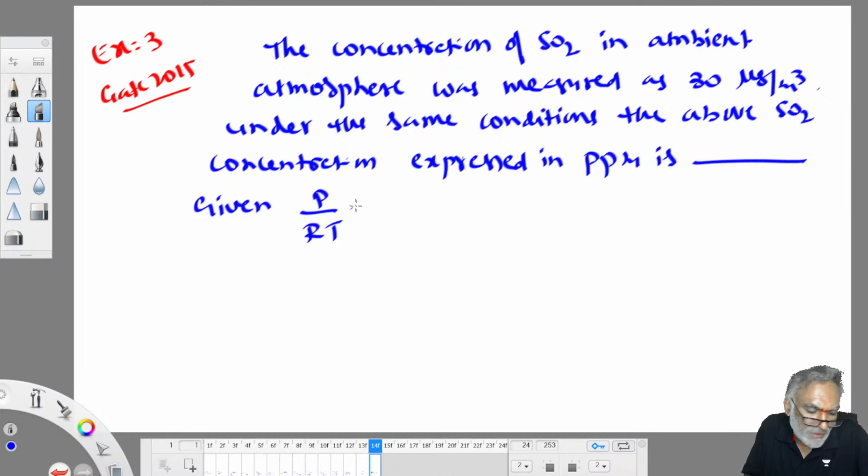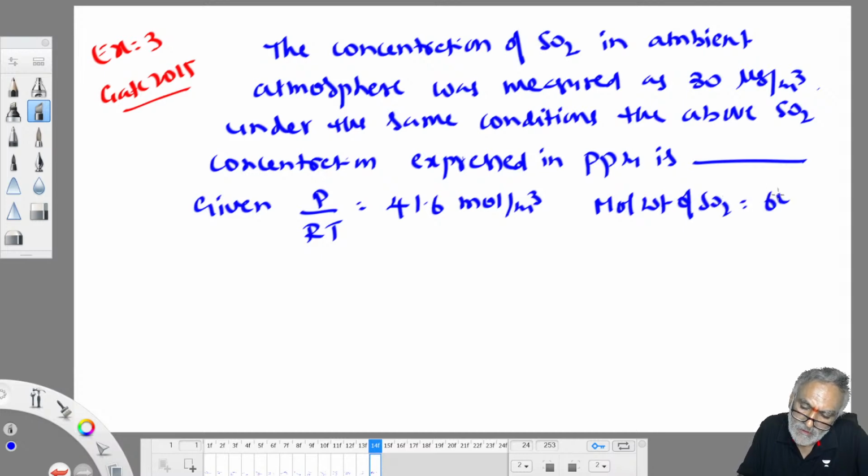P by RT value given straight away, 41.6 mole per meter cube. Where P is pressure, T is temperature, we know that R is universal constant, molecular weight of SO2 also given. This is also given. Come on, work out, all of you. Easier than last question.